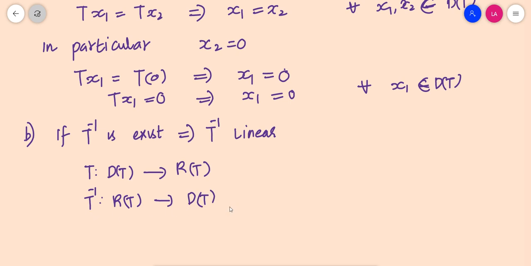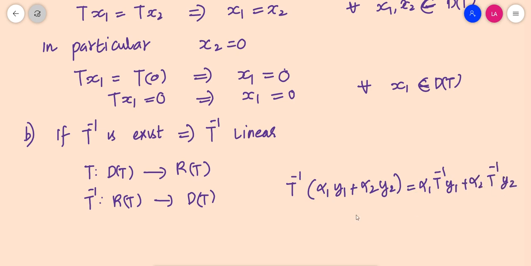So it is enough to prove that T inverse of alpha 1 y1 plus alpha 2 y2 is equal to alpha 1 T inverse of y1 plus alpha 2 T inverse of y2, where y1, y2 belong to R of T. If this can be proved, then we have established that our operator inverse is actually a linear operator.